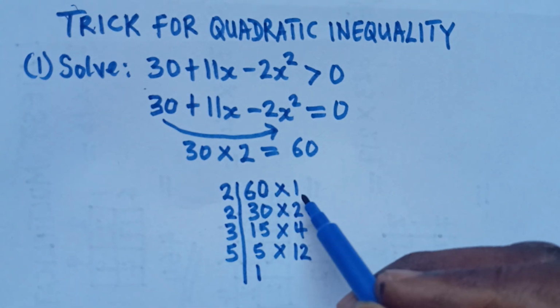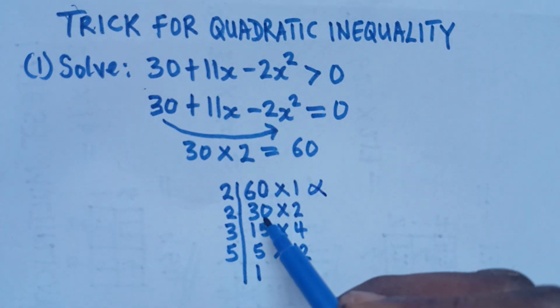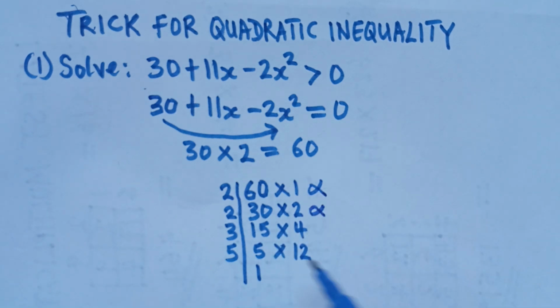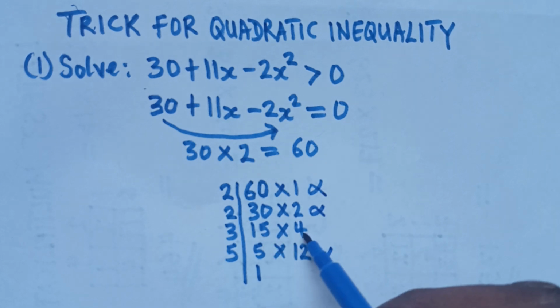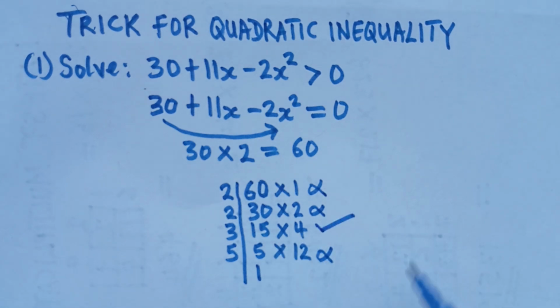So 60 plus 1 cannot give me 11. 30 plus 2 cannot give me 11. Then if I check 5 and 12 too, it cannot give me 11. But 15 and 4, there's a possibility of getting 11 from 15 and 4.